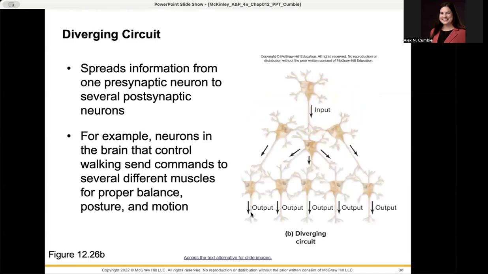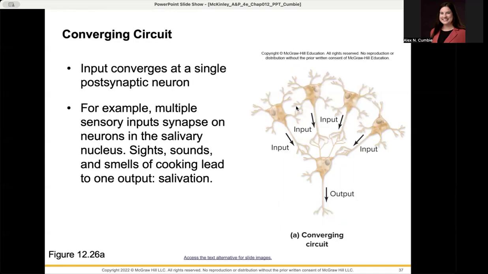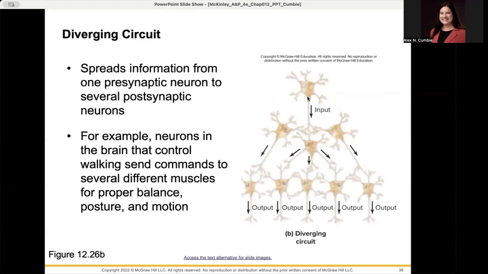The alternative would be a diverging circuit, where we have one neuron communicating with multiple neurons. Instead of the previous example, convergence, where multiple neurons communicate with one, in this example we have one neuron that is spreading a signal to multiple neurons. This can intensify the signal.